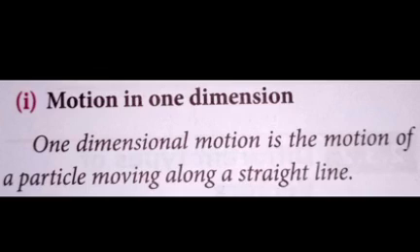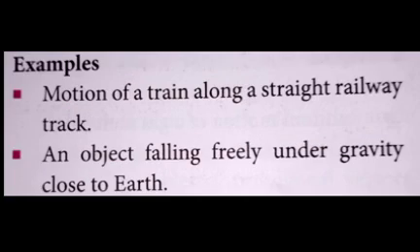For example, an object moves in a straight line. See our book example, motion of a train along a straight railway track. The train moves in a straight path and covers only the x-axis. Next, an object falling freely under gravity close to the earth also represents only one axis.